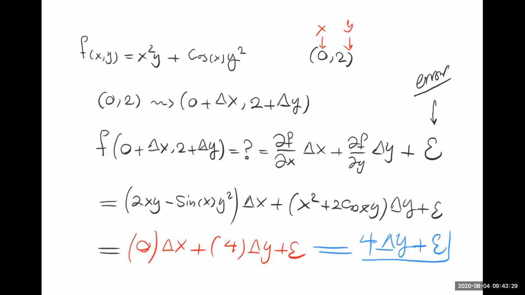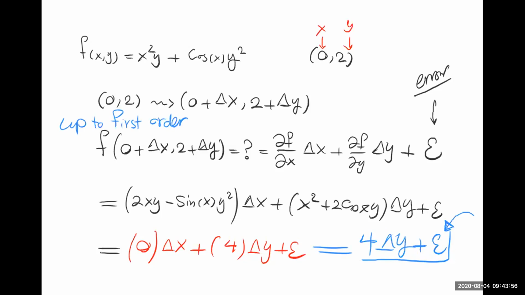So it seems it almost doesn't depend on x. It depends on x, but as we can see, we only see delta y here. How much it depends on x would appear in this epsilon, which is very, very small. What we say is that up to first order, it doesn't depend on x.